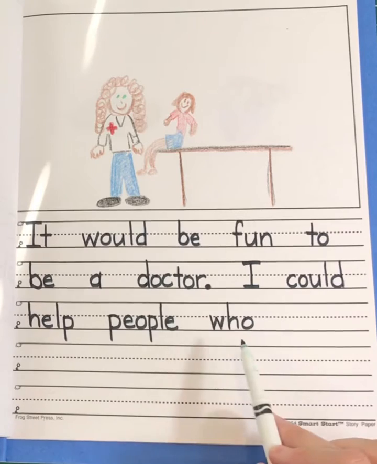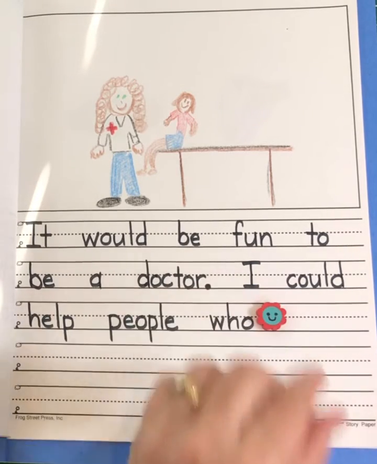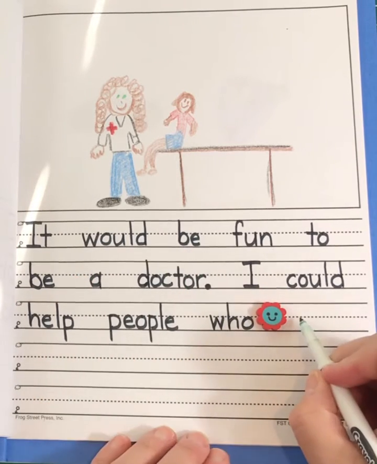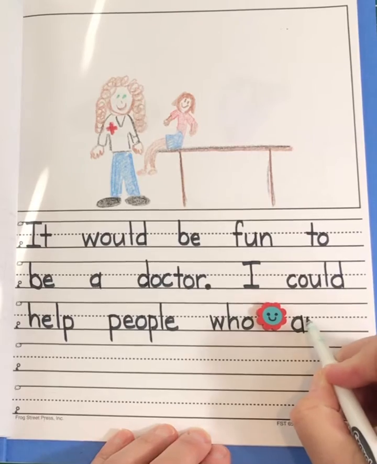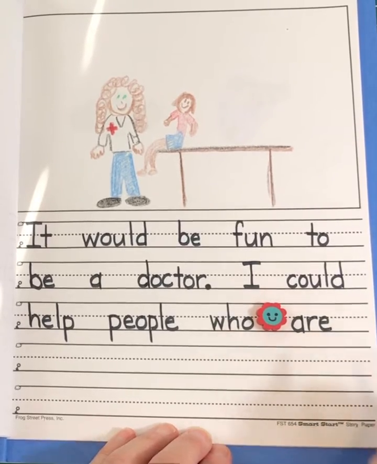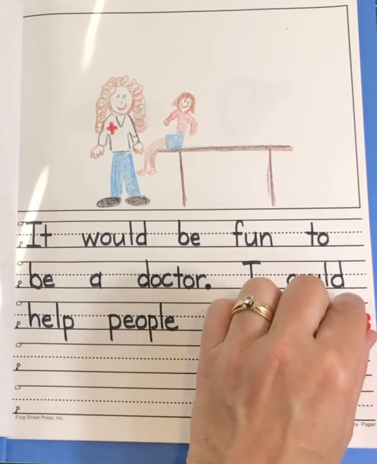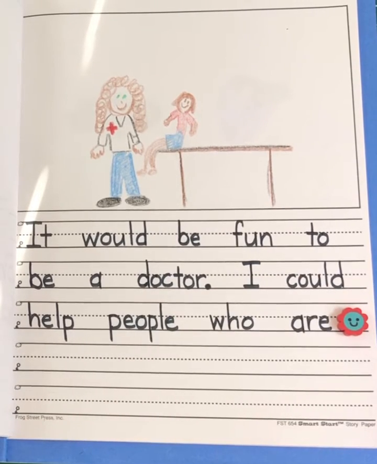I could help people who, leave my space, are. We know how to spell are, A-R-E. 3 letters, I can fit that in here. I could help people who are, I don't have room there for my next word, who are what?